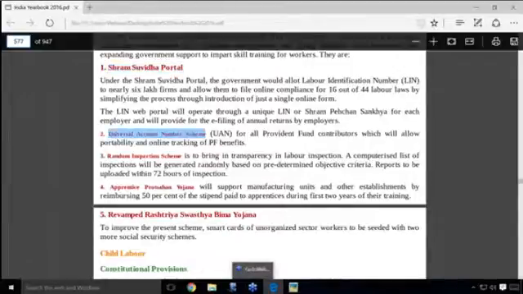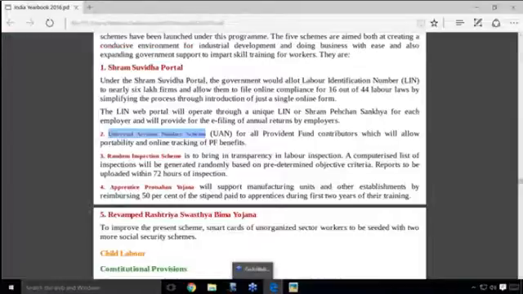Universal account number service, PF: if people keep changing companies, they should not suffer loss of this. So there is some crores of money in government accounts where no one is claiming these PF. To solve this issue, the government came up with the universal account number.